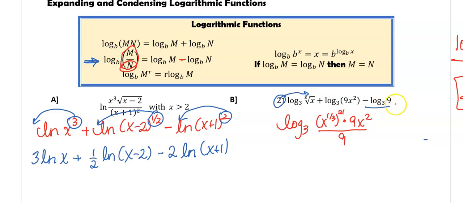The reason it's divided by is because it is negative. Now let's simplify. This will be log base 3 of x to the 7th times x squared, final answer, log base 3 of x to the 9th.